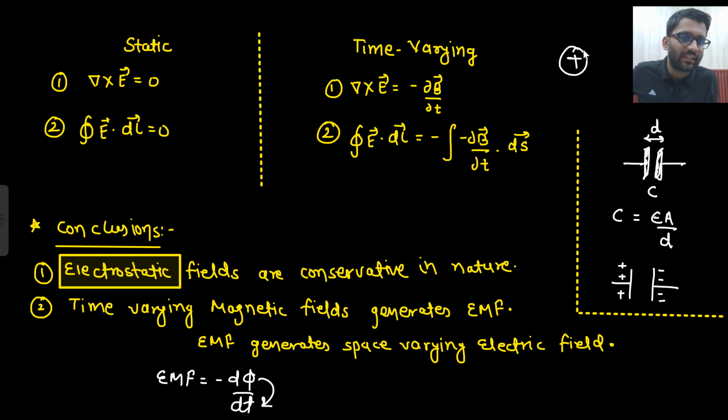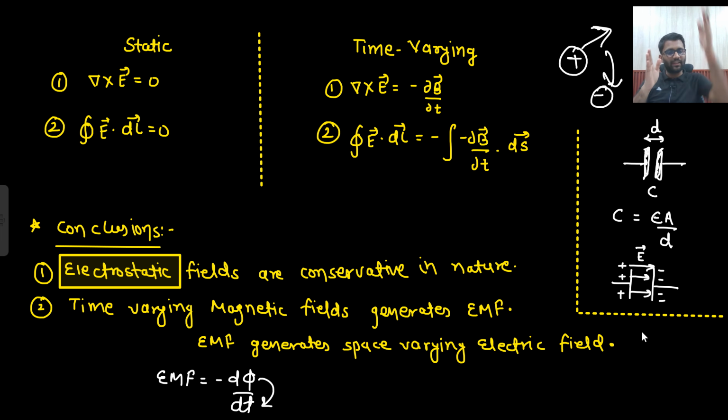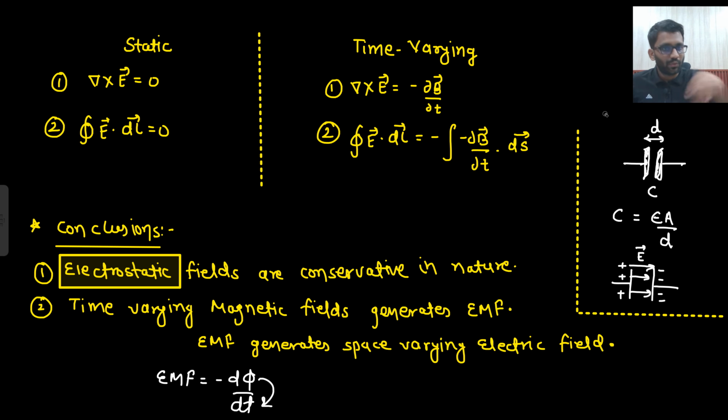From positive charge, electric field lines go out, and in negative charge, electric field lines come in. So from here to here there will be an electric field, and this will be its direction. If one plate of the capacitor is positively charged and the other plate is negatively charged, the electric field will go from plus to minus. Only these things you need to remember. I just wanted to discuss this because it will be used when we study displacement current.